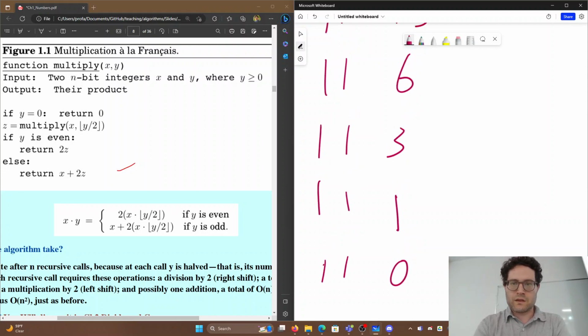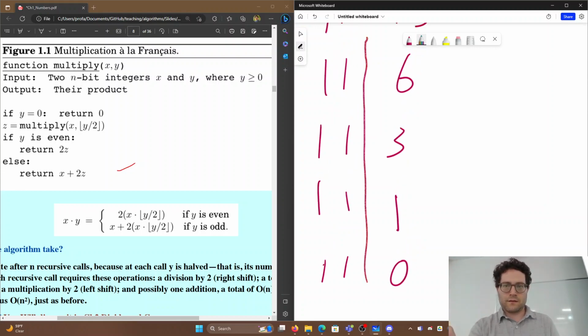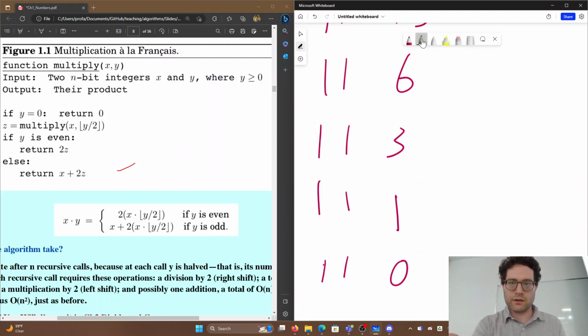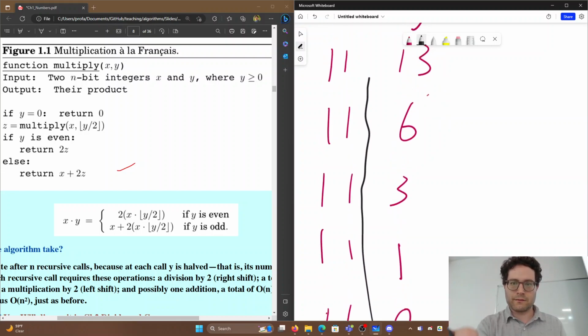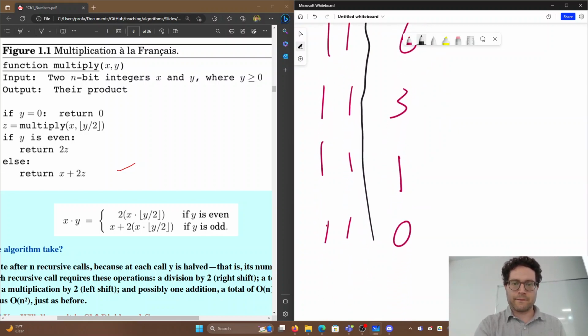Okay, so let's go ahead and lay those out a bit better. So we don't return anything over here. It says 11 and 0.